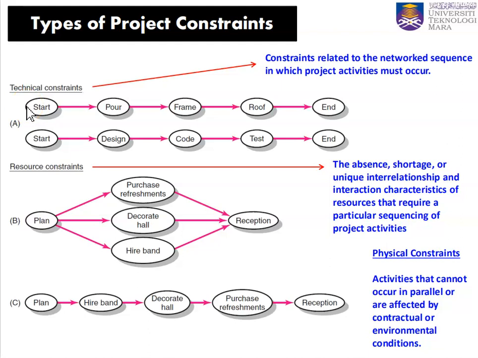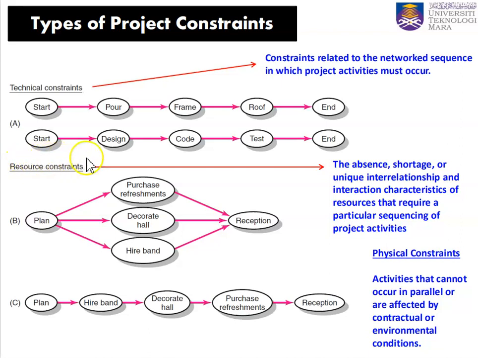For example, if we start a project like constructing a building, when we start, we have to pour all the base. After that, we do the frame. After we finish the frame, then we do the roof. Then we end the construction.